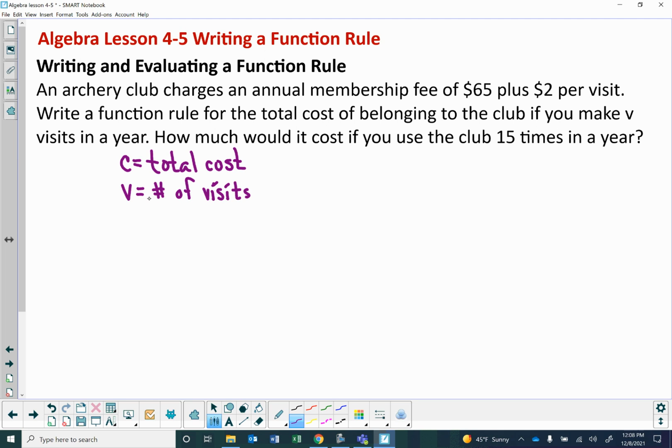Okay, so I know that my annual membership plus my cost per visit times my number of visits should equal my total.